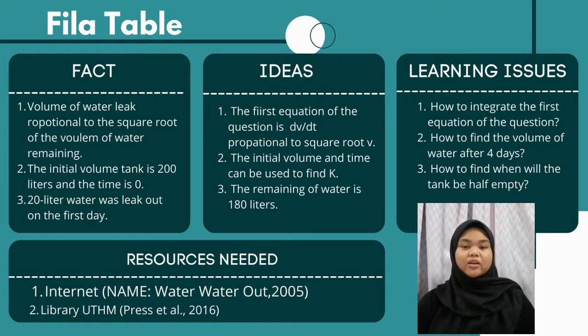From the facts, we also get the ideas that help us to solve the problem. The first idea is the water leaking out is proportional to the square root of water remaining.